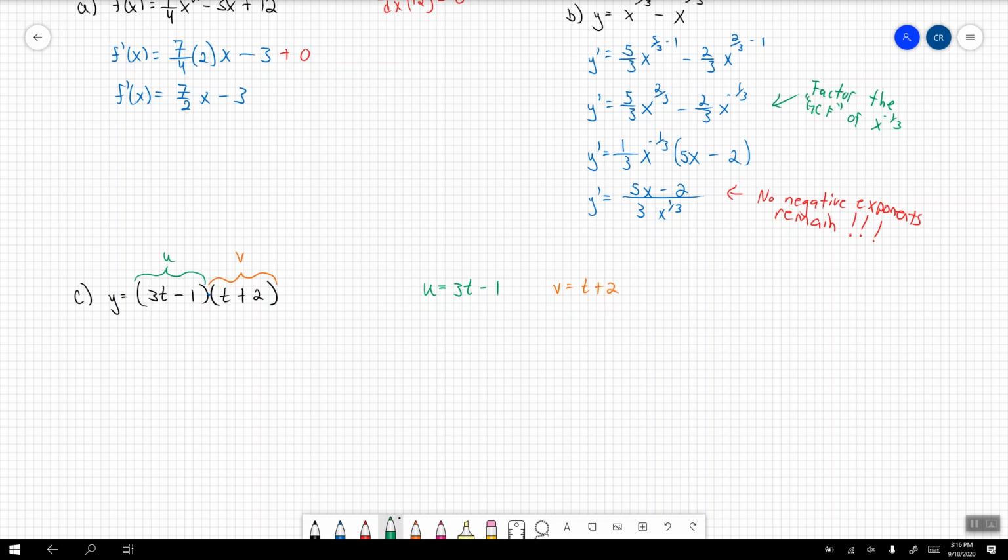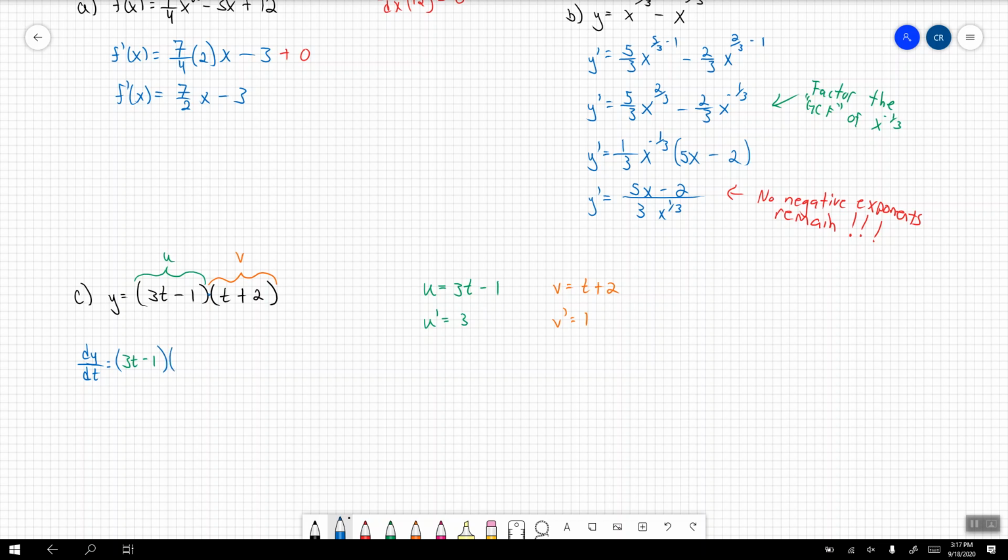And knowing that I'm going to have to take the derivatives of each individual piece, then identifying that u prime is going to be 3 and that v prime is going to be 1 is going to be beneficial for us. Because now when I take this derivative for dy dt, again, the change in y with respect to t, this is now going to be my first function, which is 3t minus 1.